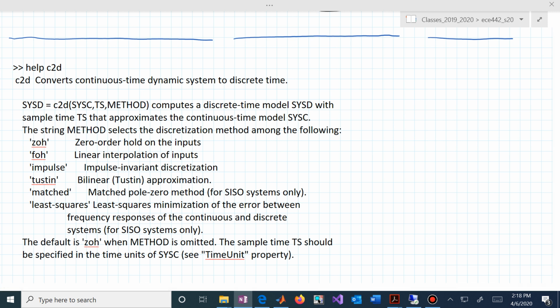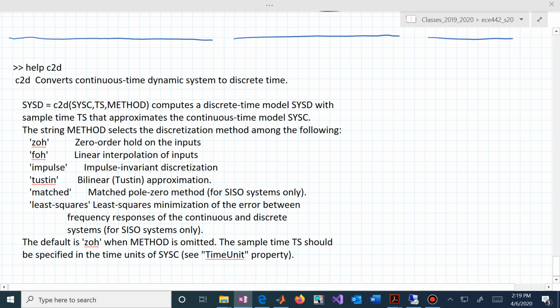You can also do the bilinear or the trapezoidal approach using the method designated as Tustin, or you could also do, for the single input, single output systems, the pole zero mapping that we've talked about, if in single quotes you put matched for the method.